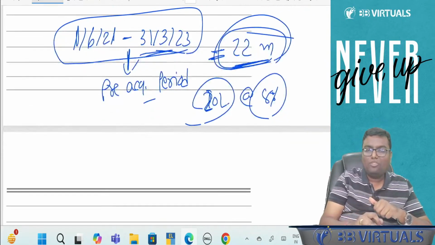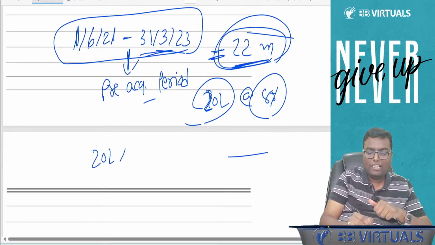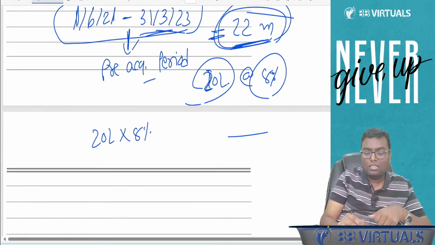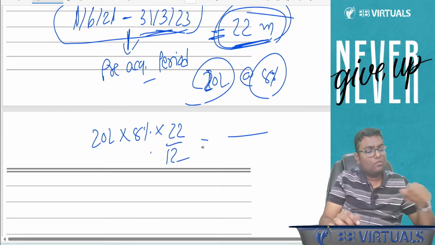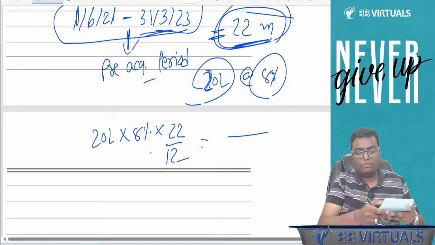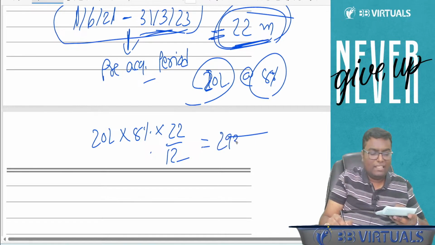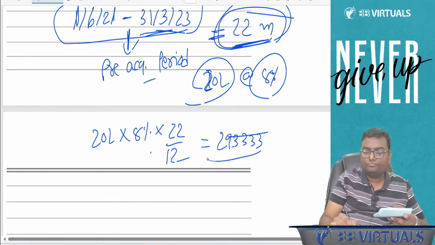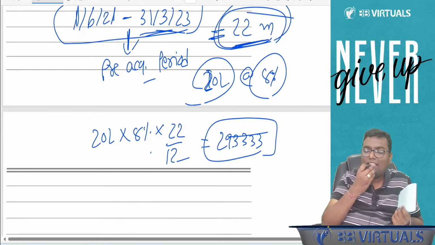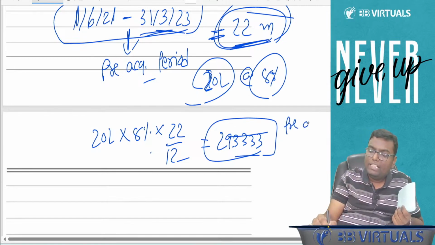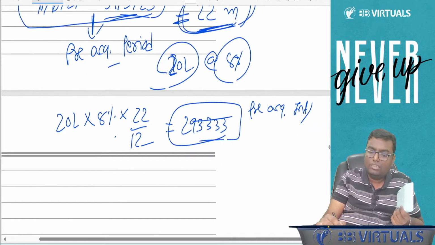The simple formula is 20 lakh into 8% per annum, into 22 divided by 12. It comes to 2,93,333. This interest is called as pre-acquisition interest. And if it is a case of construction, it is called as pre-construction interest.